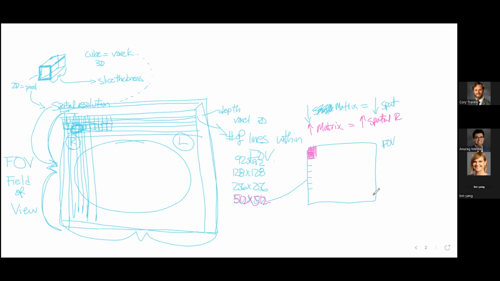So why wouldn't we, if that's true, why wouldn't we just have a high matrix within our field of view for every case?